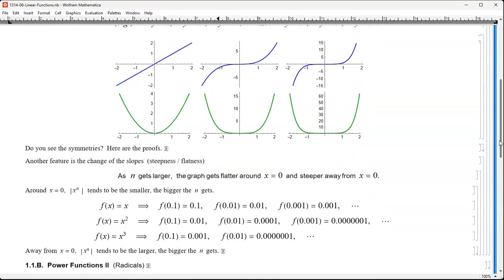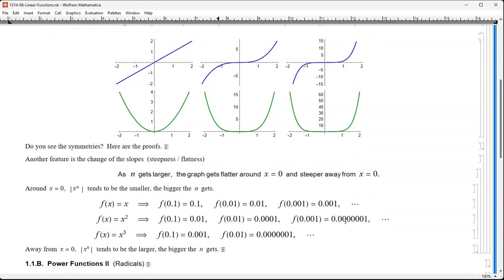The x coordinate is 0.1, 0.01, 0.001. The y coordinate is the square of those, so 0.01, 0.0001, 0.000001, and like that. So basically we are doubling the number of zeros each time. So the y coordinate value is getting down to zero much faster. Consequently, the curve gets down to the x-axis much more quickly. So you have flatter, even flatter, even flatter, that kind of behavior.